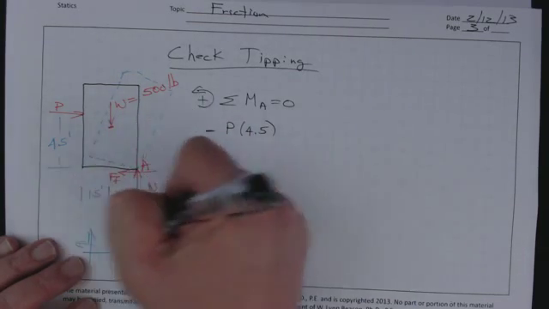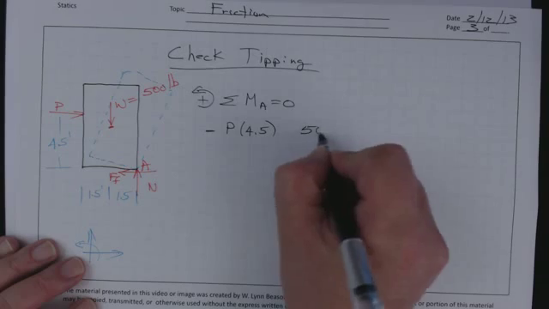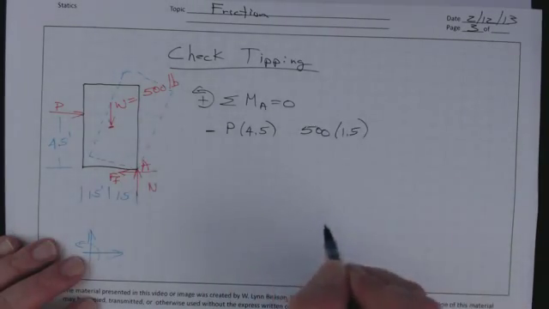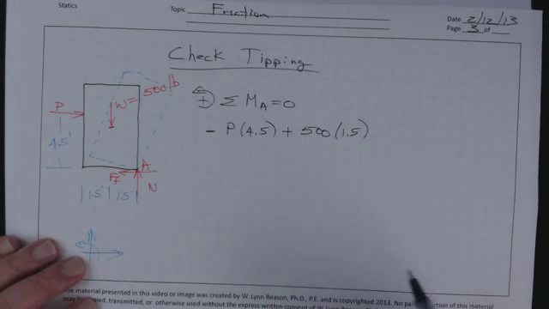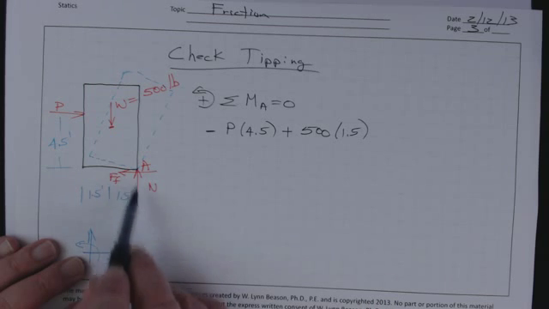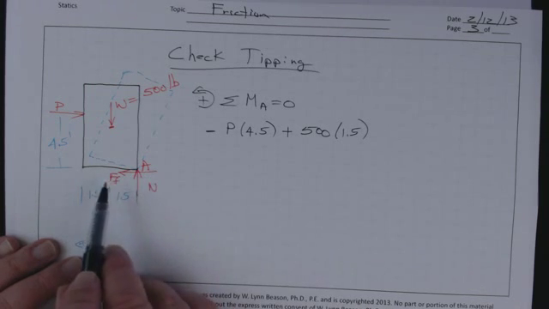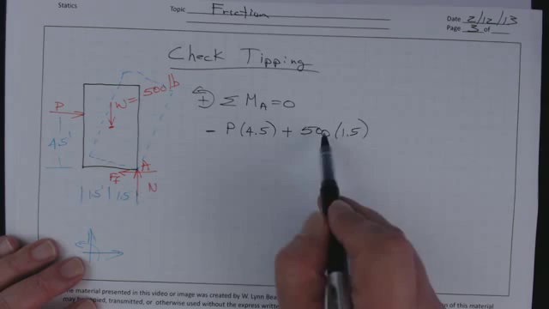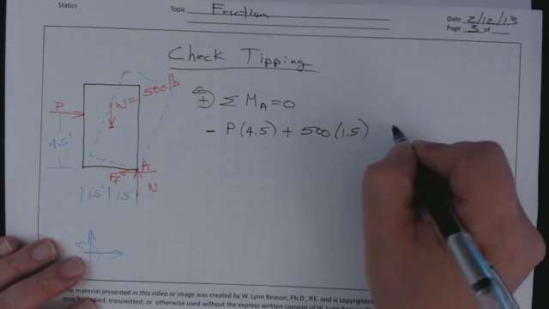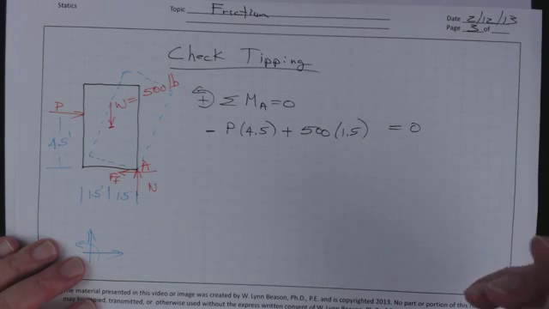Then I've got 500 times 1.5. It rotates in the positive direction, so put a plus sign on it. And there's nothing else on there, because the normal force goes through point A, the friction force goes through point A. So only these two terms are involved in this equation. And so then this is equal to 0.